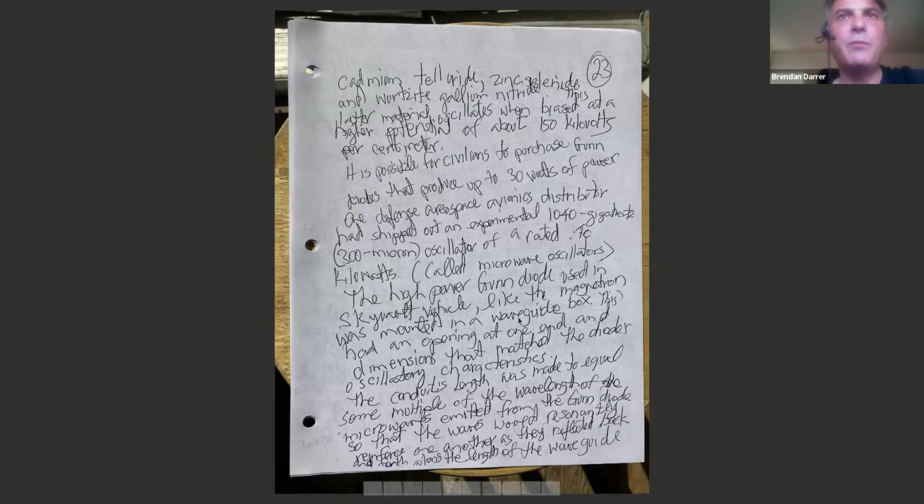The high power gun diode used in the Skyvolt vehicle, like the magnetron, was mounted in a waveguide box. This had an opening at one end and dimensions that matched the diode's oscillatory characteristics.